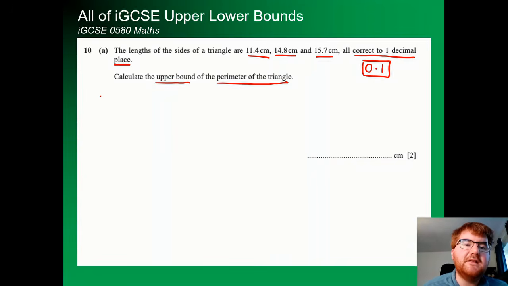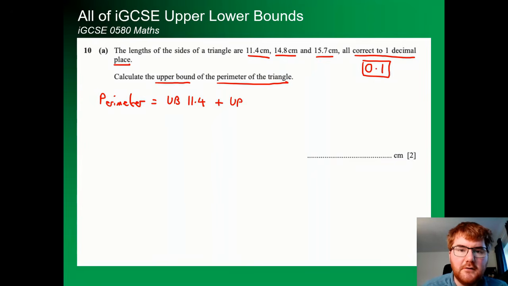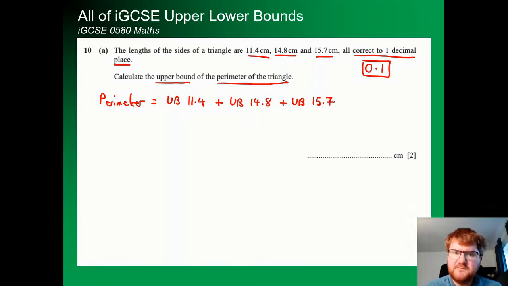So remember, to work out the perimeter of a triangle, we're just going to add the sides together. And because we want the upper bound, we want the upper bound of 11.4, upper bound of 14.8, and then upper bound of 15.7. So let's just take one of these as an example, and we're going to do the same process for each. So if we take the 11.4, we put that in the middle.